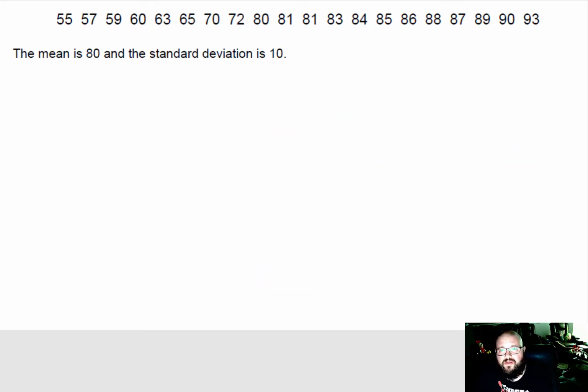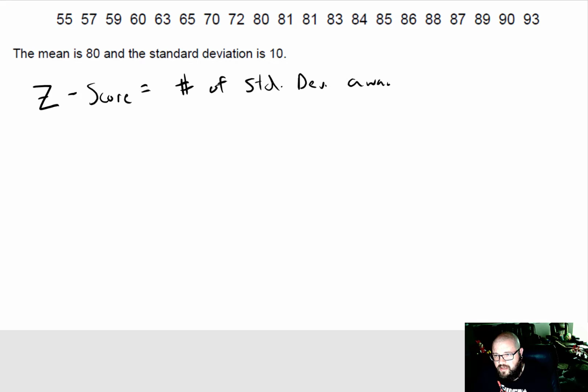So with your Z-score, your Z-score is going to equal the number of standard deviations away from the mean.